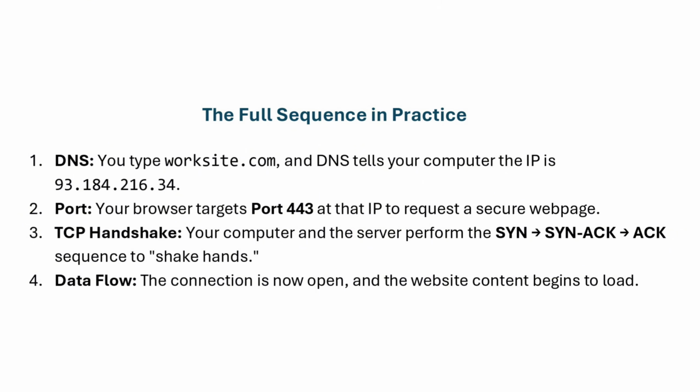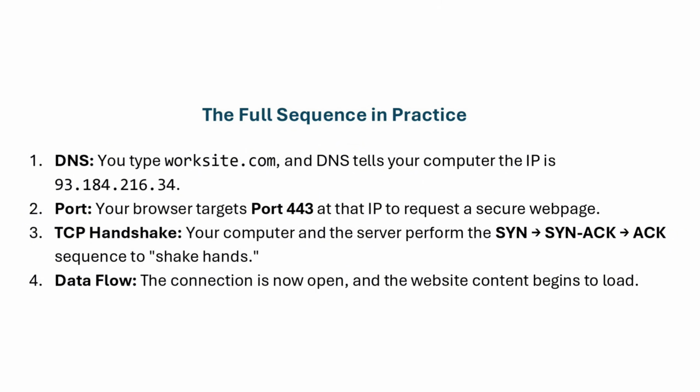First you type example.com and DNS tells the computer that the IP is 93.184.216.34. It is an IP address. Then the port: your browser targets port 443 at that IP to request a secure web page.